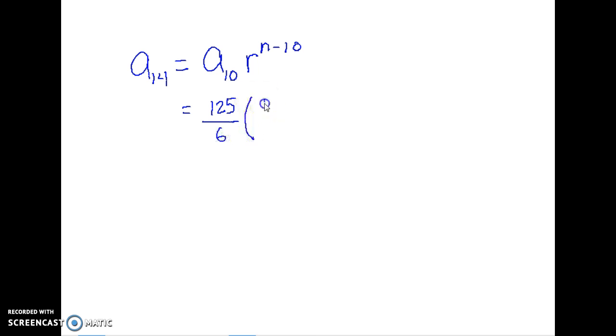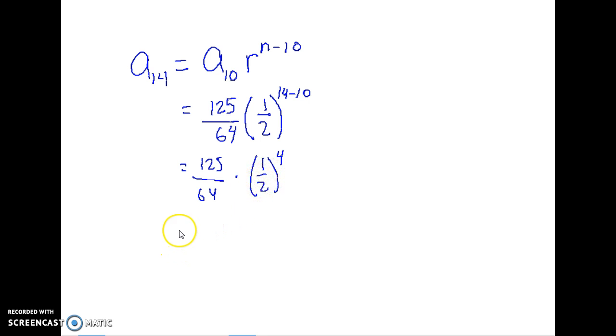And my r value was 1/2. And 14 minus 10, oops, 64. So this will be 125 over 64 times 1/2 to the power of 4. So 1 to the power of 4 is just 1, 2 to the power of 4 is 16. So 125 over 64 times 1 over 16.